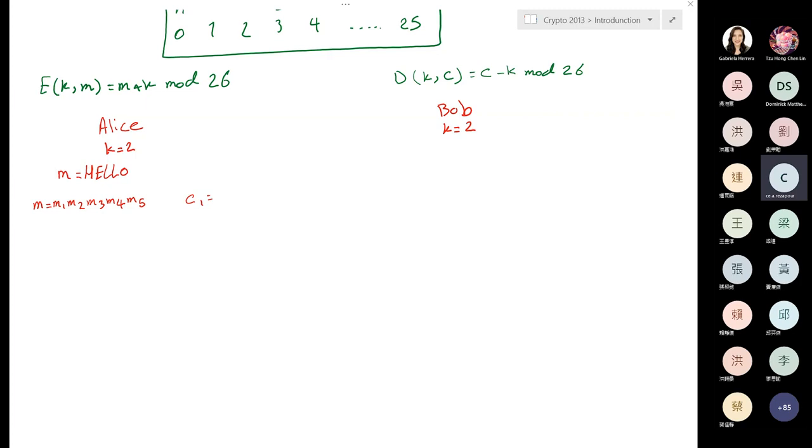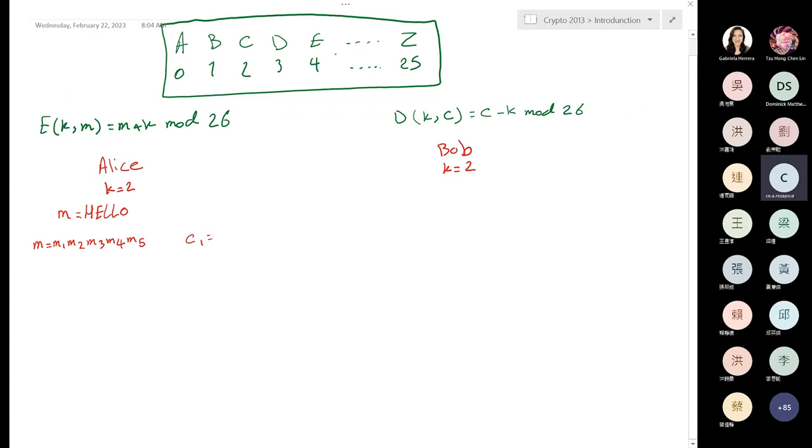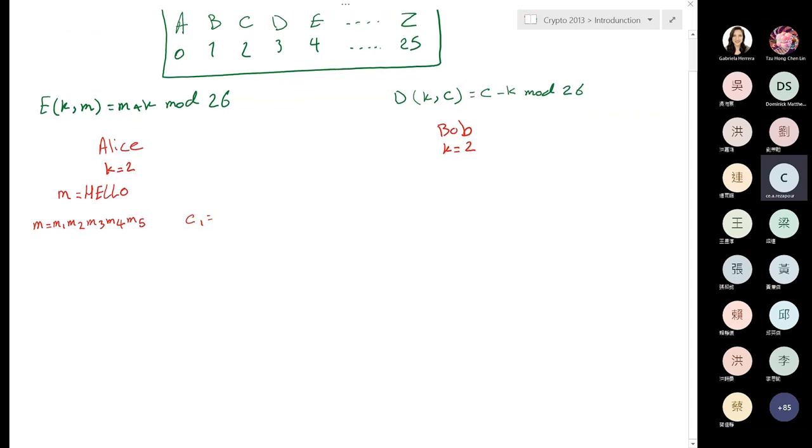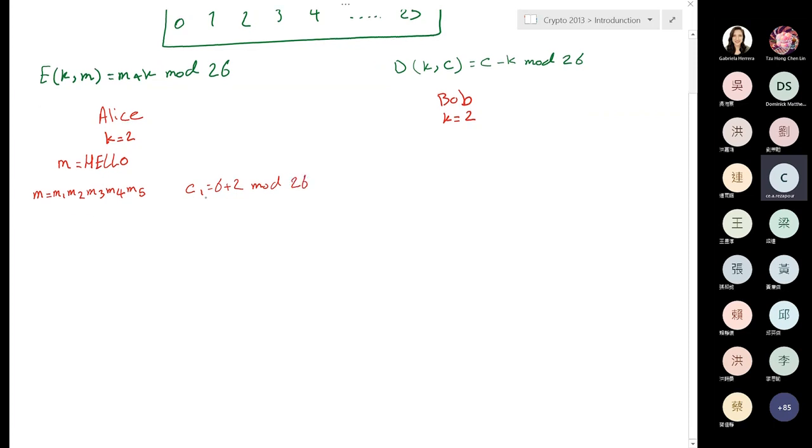Looking at our encoding over here, H stands for 7, so 7 plus 2 mod 26. And this is going to be the ciphertext of the first character.